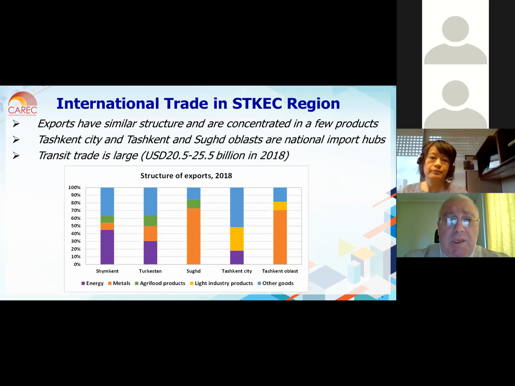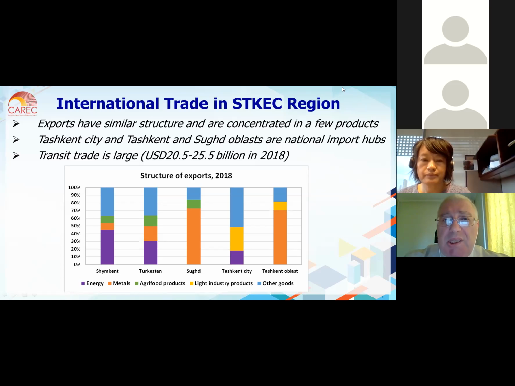But as far as imports are concerned, the specific nature of this corridor is that they do not only import something that is necessary to supply their own needs. For example, the city of Tashkent and the Sugd Oblast are sort of national import hubs. They receive imports and then redistribute them inside their countries based on various reasons.